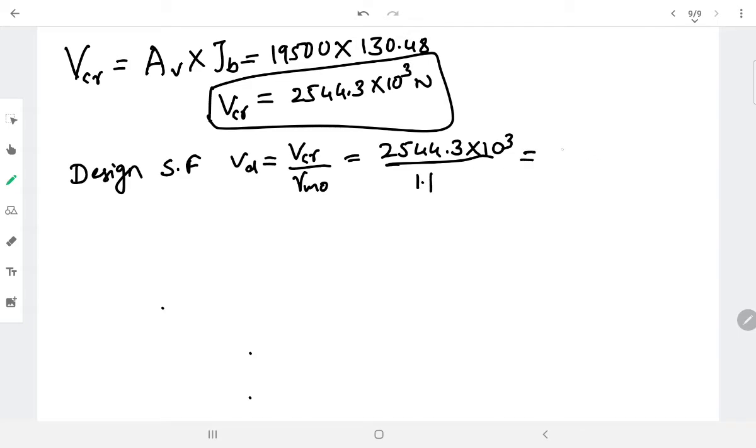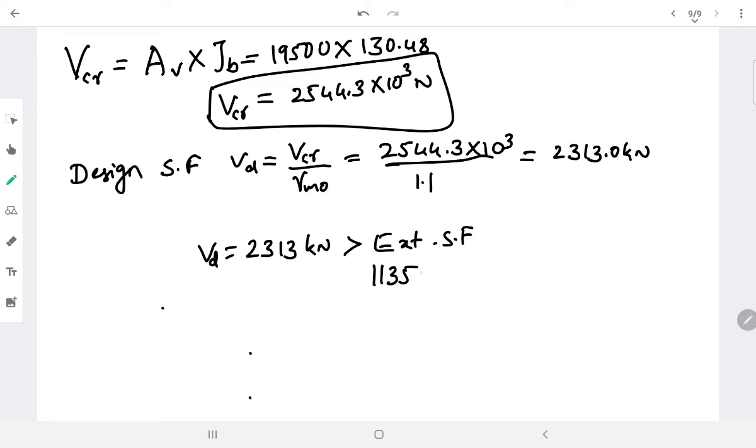Just calculate this, and you will get 2313.0 kilonewton. So VD is this much, 2313. What are we comparing it with? With the external shear force. The external shear force we have got for this plate girder is 1135.5 kilonewton. You can see here the external shear force is lesser than the design shear strength of the plate girder, then it is safe.